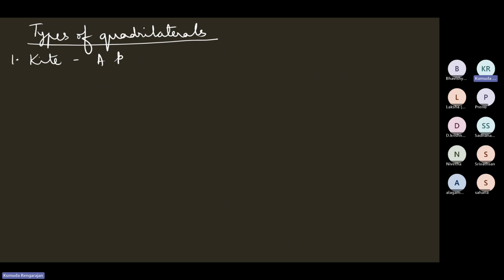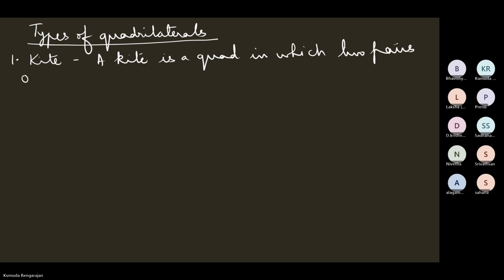A kite is a quadrilateral in which two pairs of adjacent sides are equal. So see here.